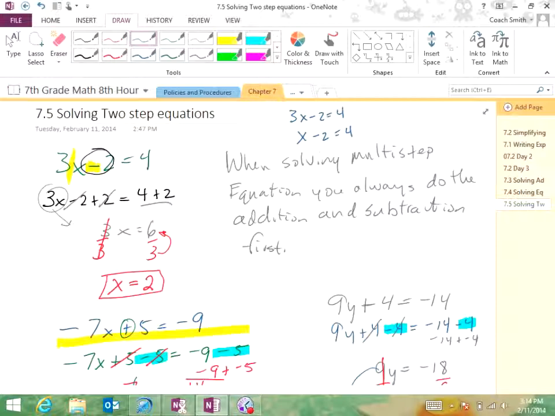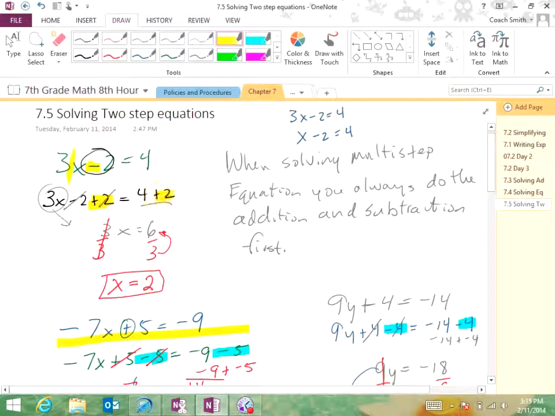In other words, what number do I subtract 2 from and get 4? What did you do in your head right there to get the 6? Okay, very good. You added 2.